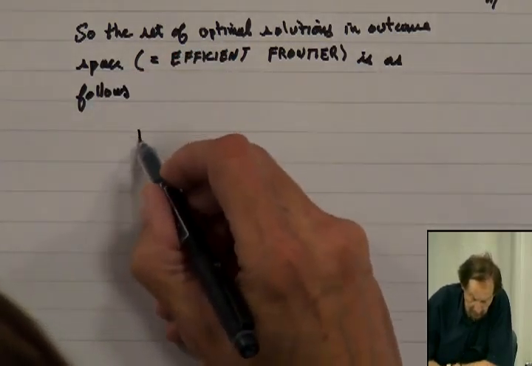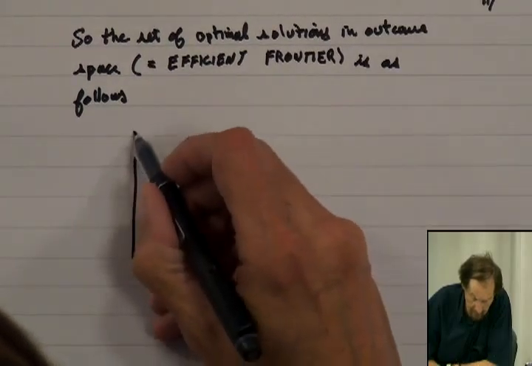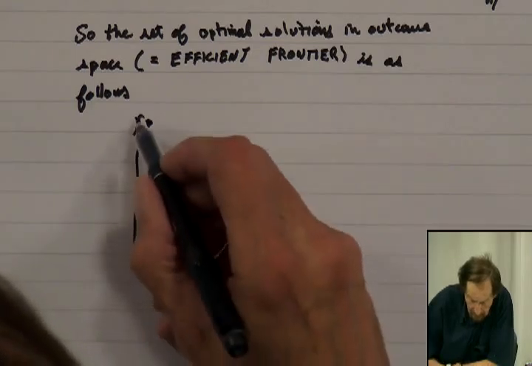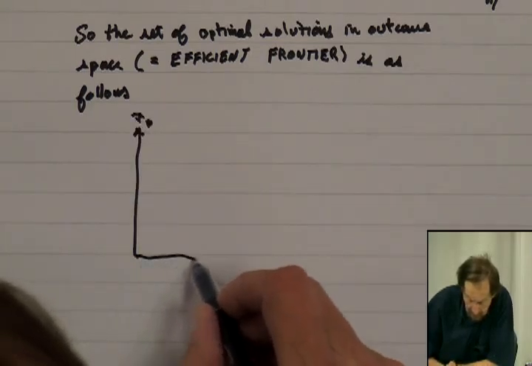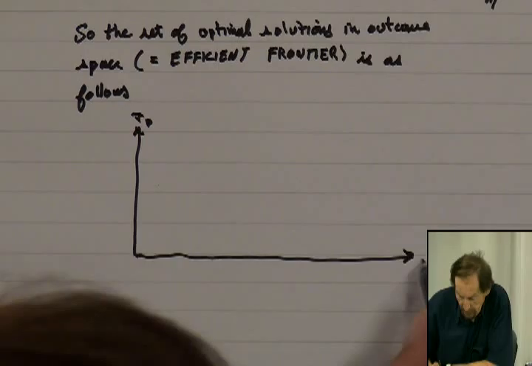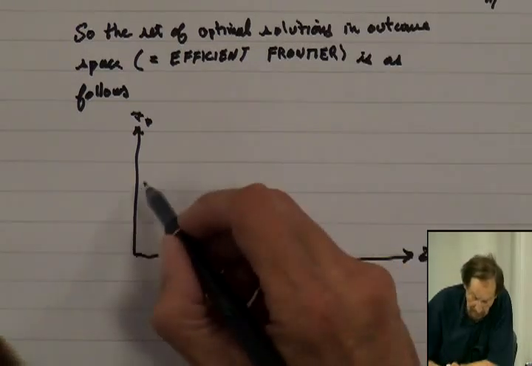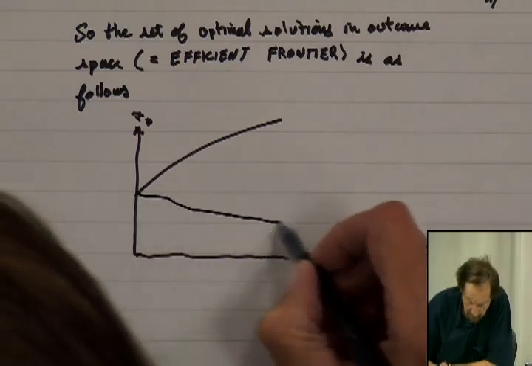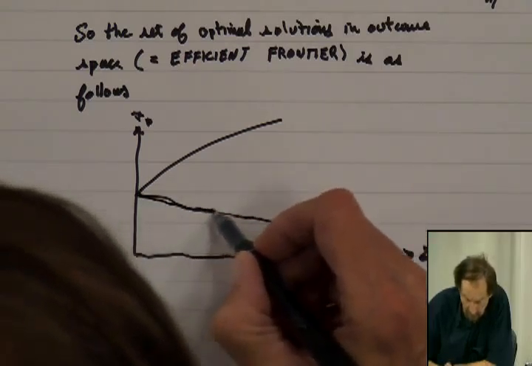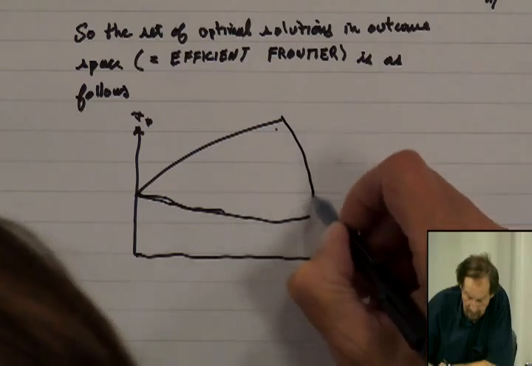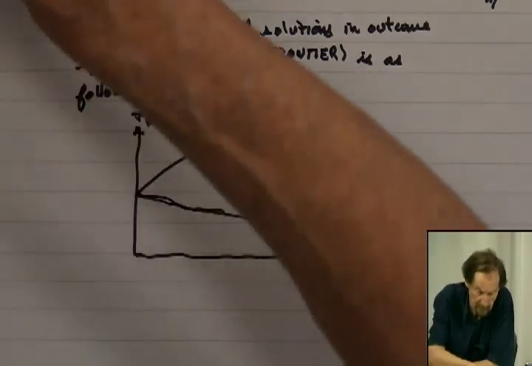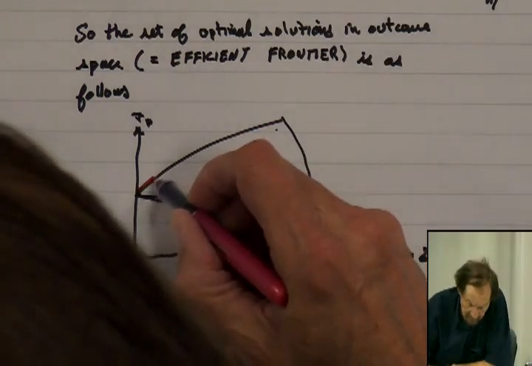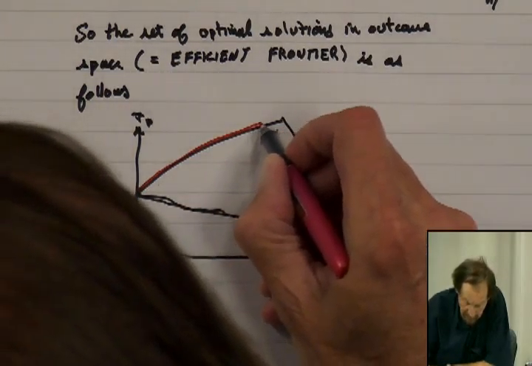Okay, let's look at this again. Let's draw it. Here's our R bar P. Here's our sigma P. If we draw this, oh boy, that should be smoother. So the set in outcome space is this set here.